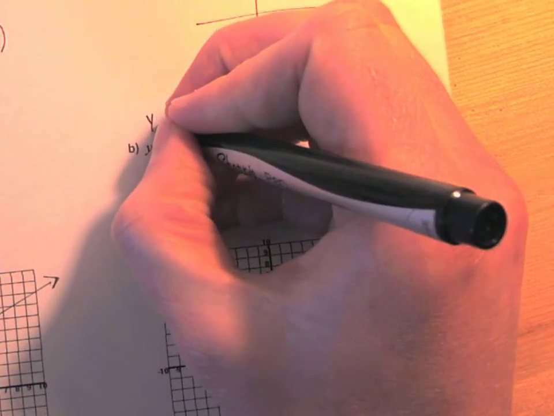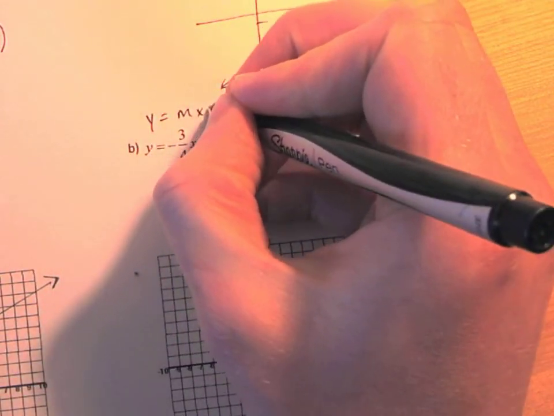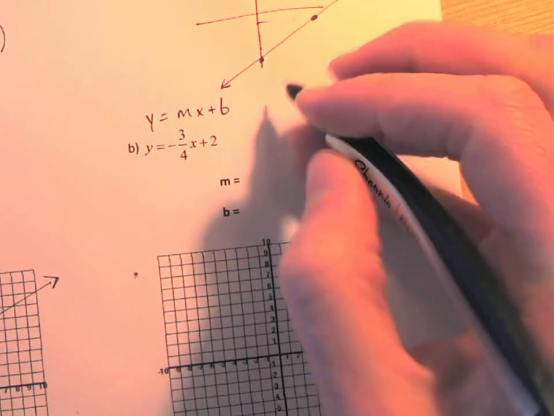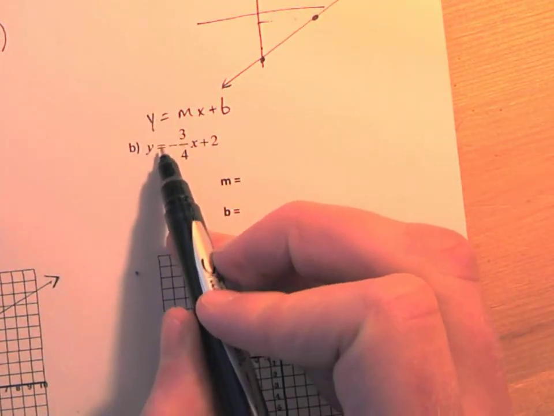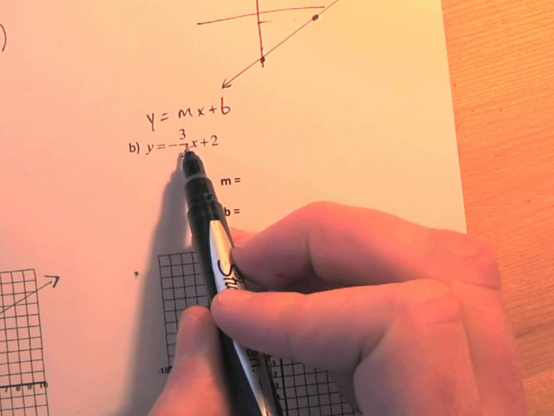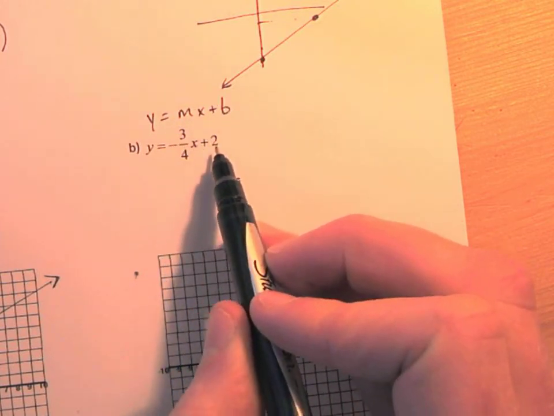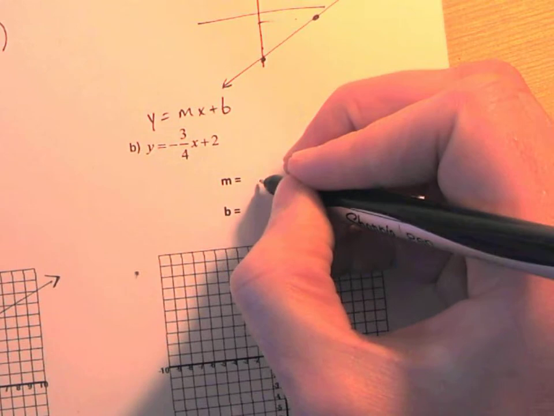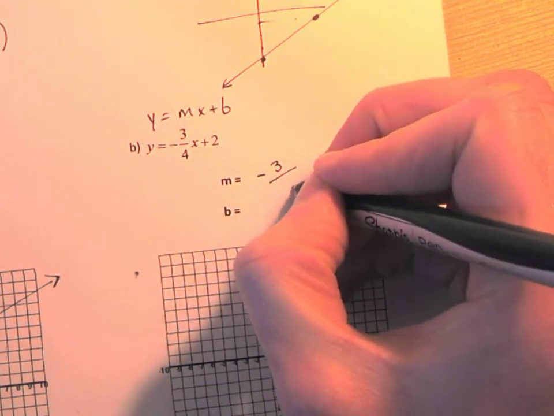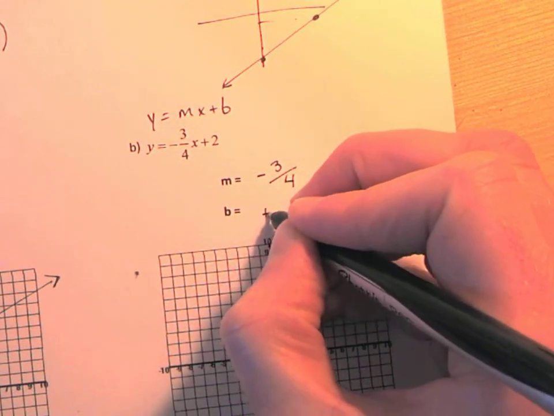So let's do the same thing. Y equals mx plus b. So if we look, our y's are y equal m -3 over 4 x b plus 2. So our m must be -3 over 4, and our b must be +2.